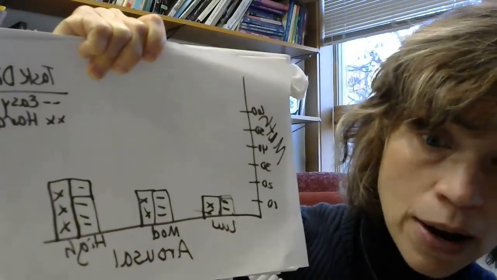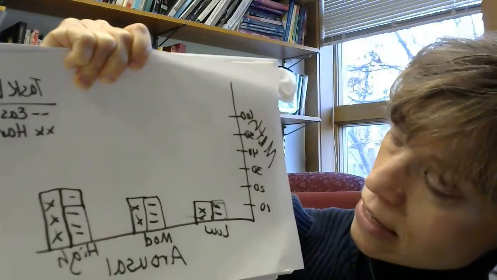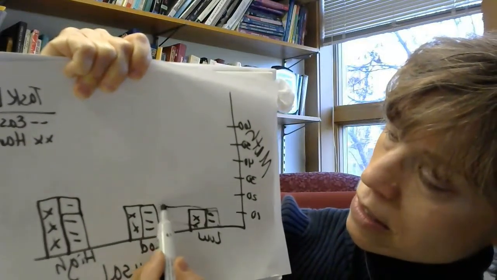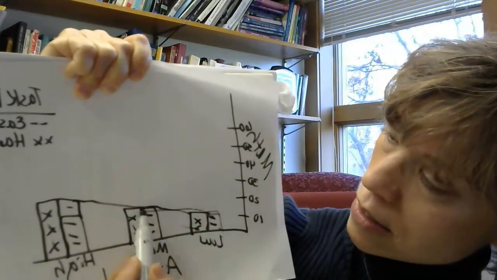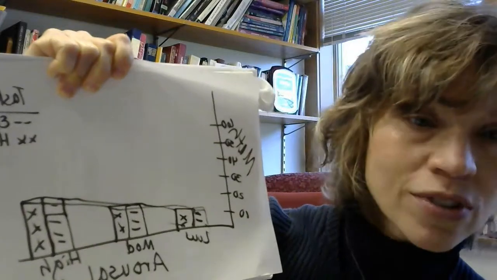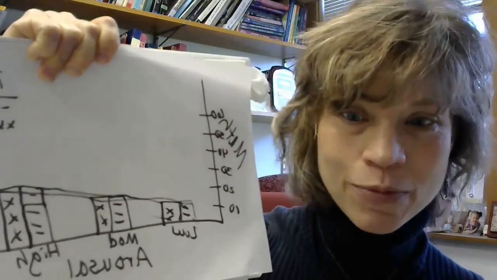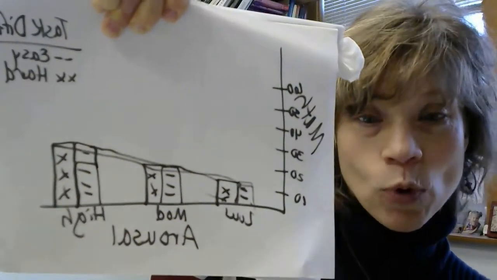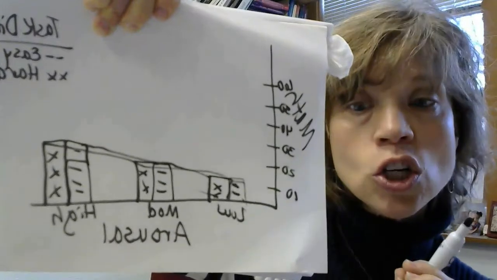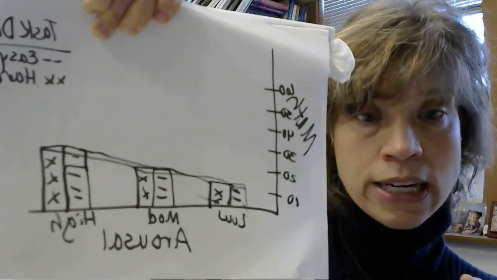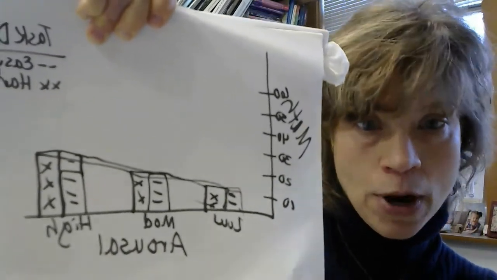So again, if I'm going to just look at task difficulty, I'm going to take this to this to this, and this to this to this. Again, they're actually identical. So they don't cross at all. And again, remember, we're looking for whether the lines cross when we connect for one IV across the other IVs.